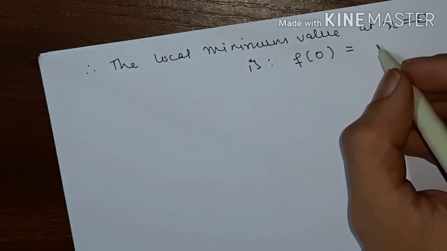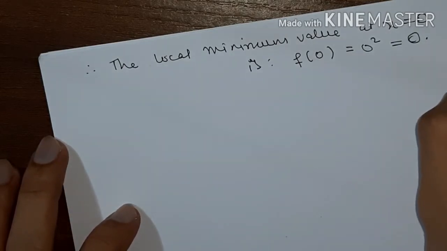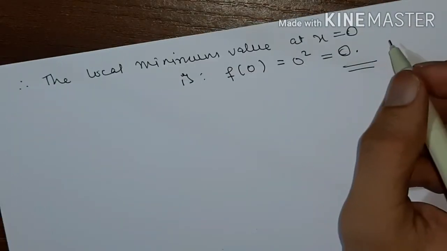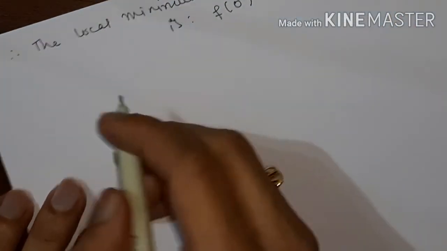The function was f(x) equal to x square, so f of 0 is 0 square equal to 0. So the minimum value is 0. So that is the answer of the first part.